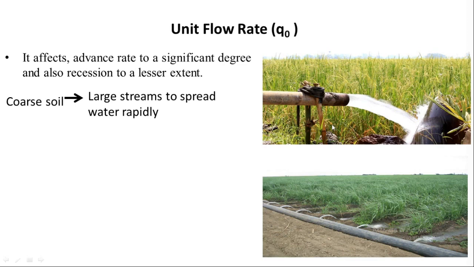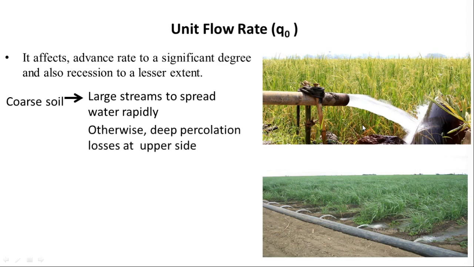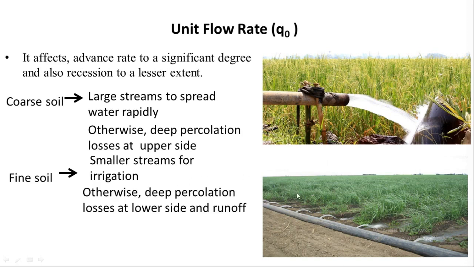Otherwise, deep percolation losses are caused at the upper side. Whereas in fine soil, smaller streams are required. In that table, the unit flow rates suggested were 2 to 4 liters per second for clay soil. So smaller streams are required, otherwise deep percolation losses at the lower side and runoff will be caused.